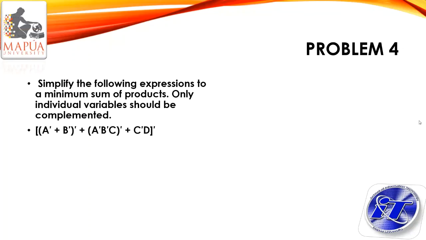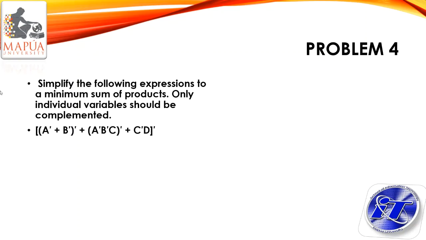Problem 4. Same question, same task. Get the minimum SOP. There should be no shared negation. So our equation for this problem is not of A naught plus B naught plus 2 not of A naught B naught C or 2 C naught D. We have two options in simplifying this equation.